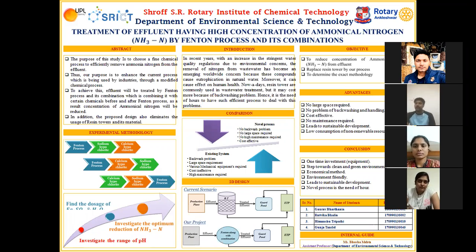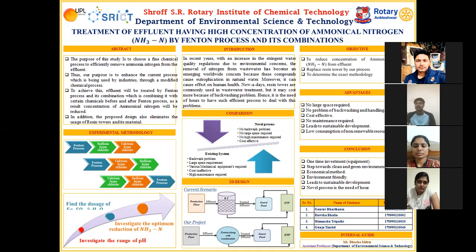And again, we have to treat the backwashed water having a high concentration of ammoniacal nitrogen. Now, in the second flow diagram, we are trying to replace the whole resin tower with our process, which is Fenton along with its combinations. Hence, in this process, there will be no generation of backwashed effluent, and moreover, our process will be cheap and economical.